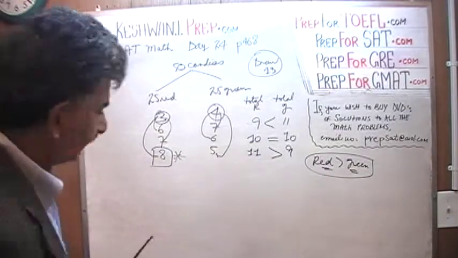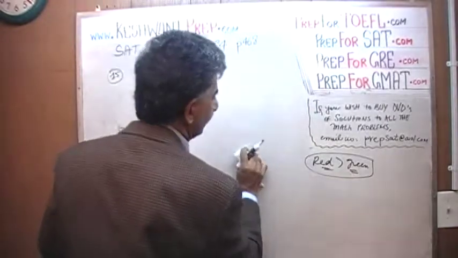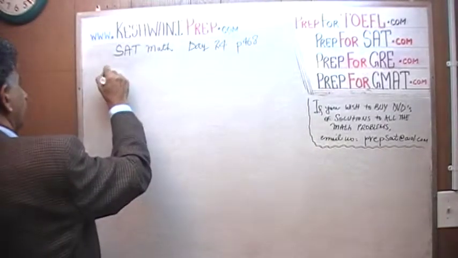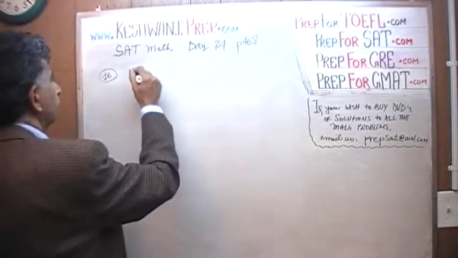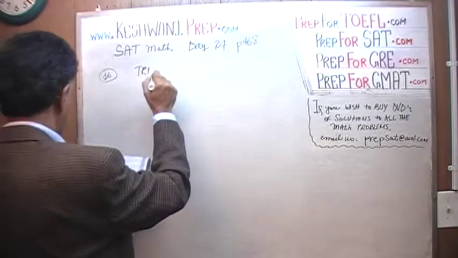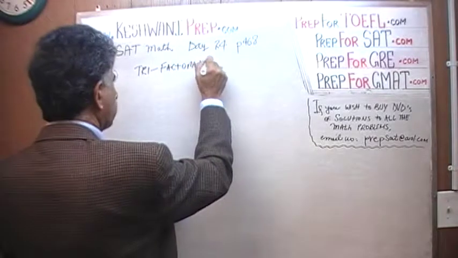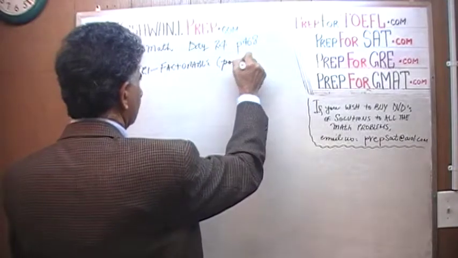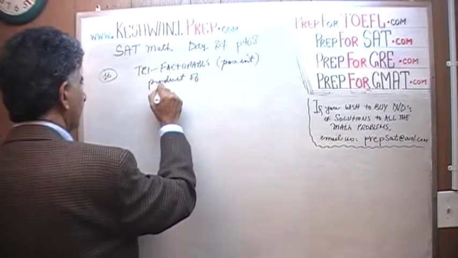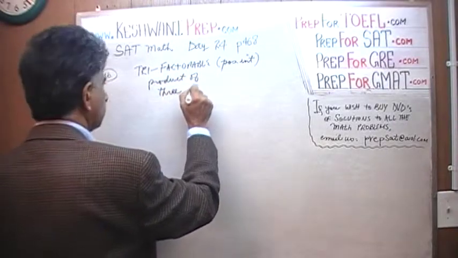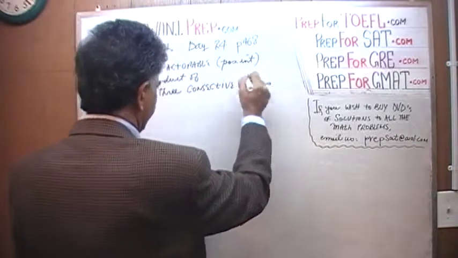Number 16. It says a trifactorable positive integer is the product of 3 consecutive integers.